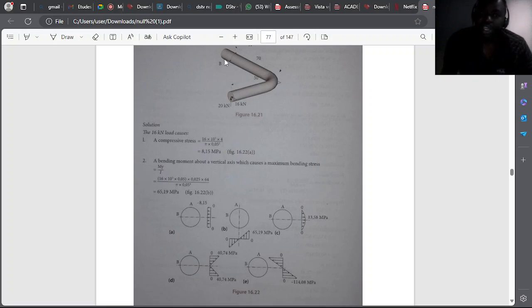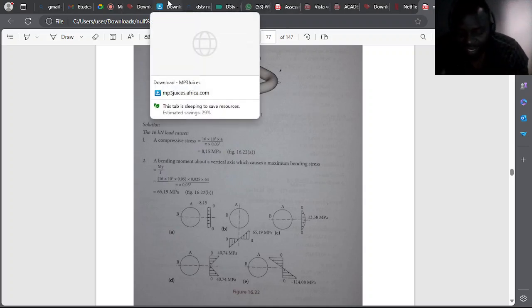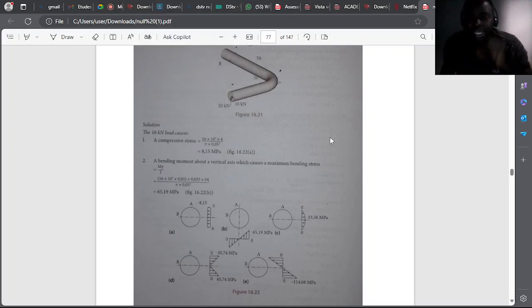If B is the point that is feeling the bending, it means its representation will be at A. If A is the point that is feeling a bending, it means its representation will be at B. It is the same thing with the shear stress.